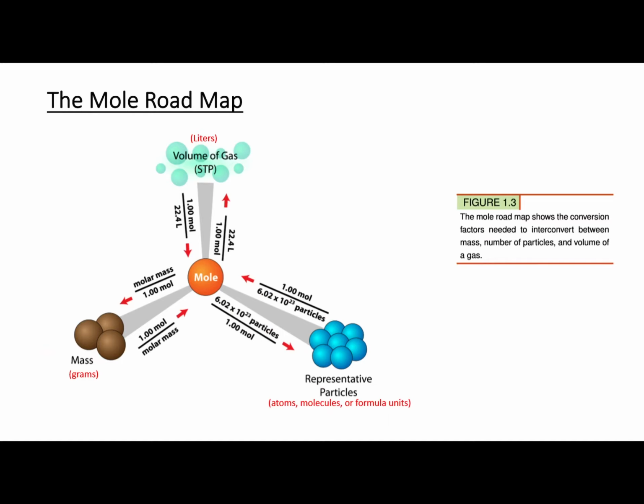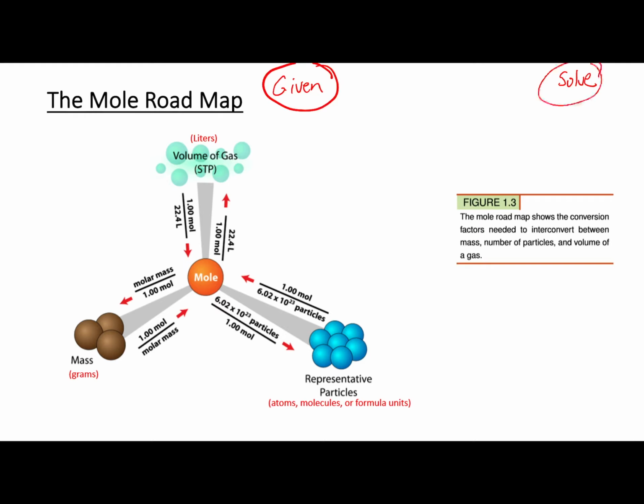And in mole conversions, we are always going to be given something, and we're always going to be trying to solve for something. Using the mole roadmap, whatever is given is where you start, and whatever you're trying to solve for is where you end up.